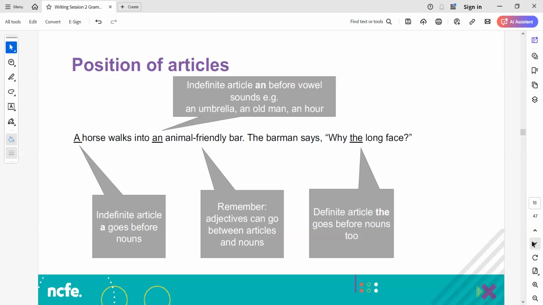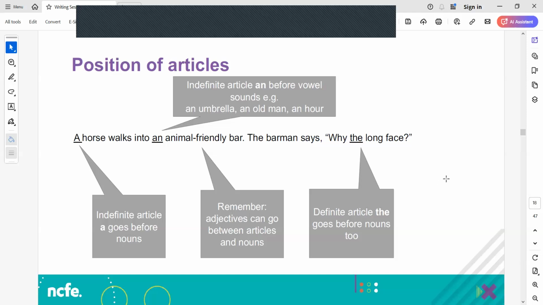The barman says, "Why the long face?" So the definite article goes before the particular noun. So we're talking about the horse's face. Okay. Any questions there about the position of articles?